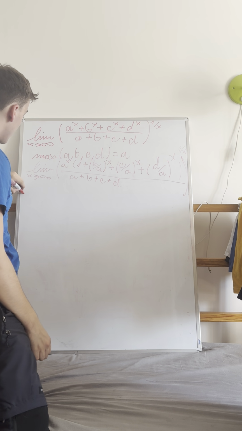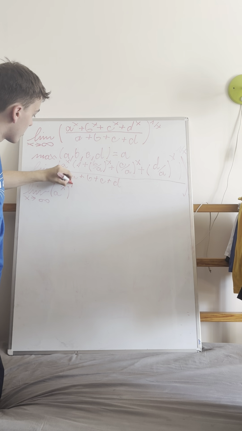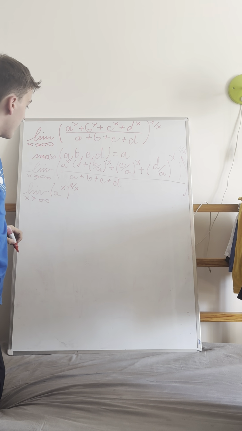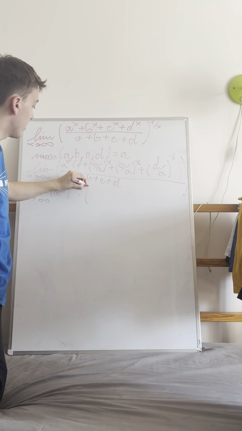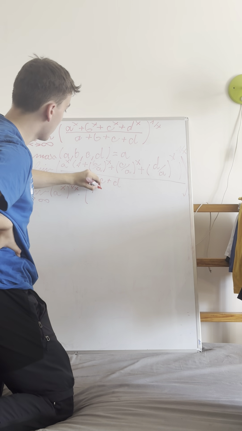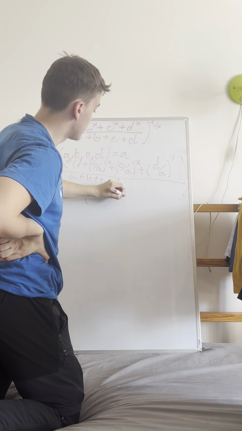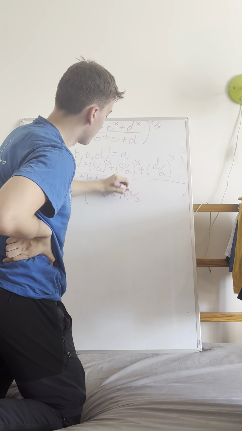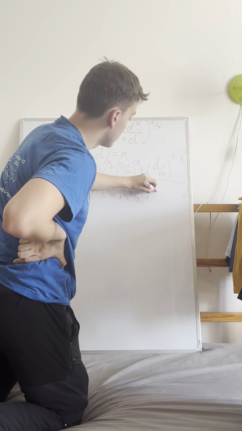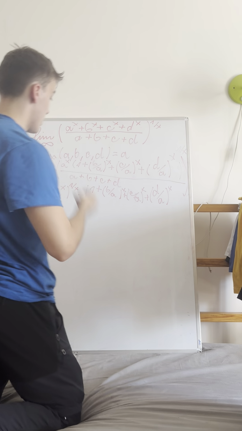So we will have limit of x tends to infinity, and then we will have a to the x, and this all to power of 1 over x, and then multiplied by a factorized, so we will just have this part here. So we will have 1 plus b to the a, and that all to the power of x, plus c to the a, that all to the power of x, plus d divided by a, all to the power of x.